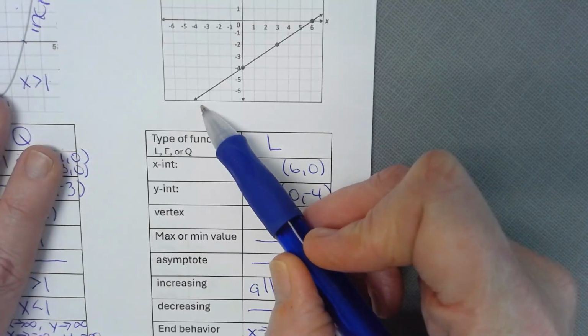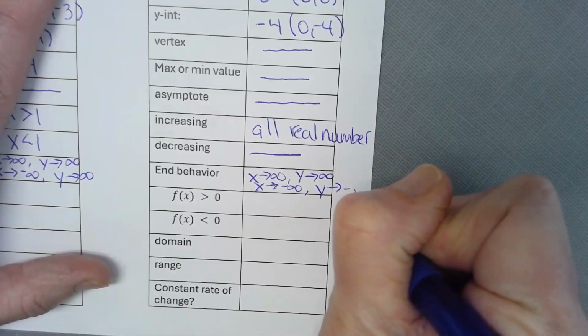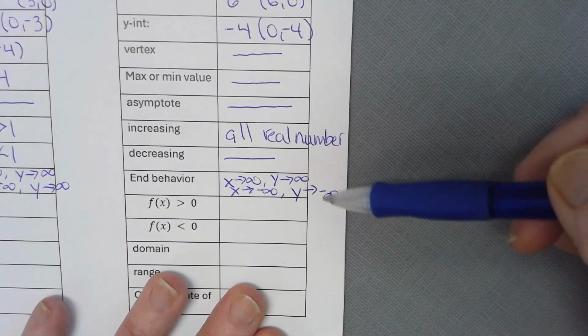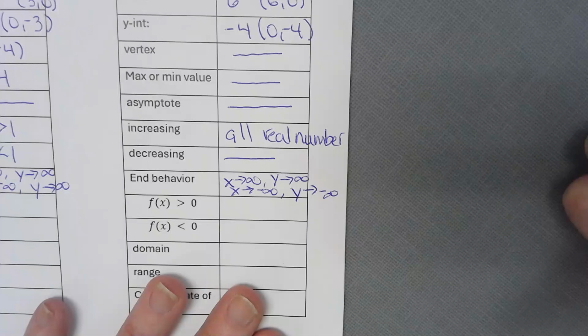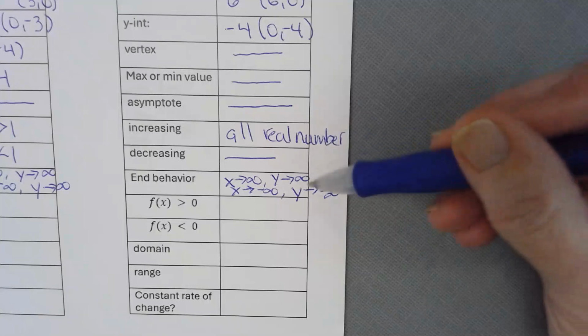Where's y going? To negative infinity. That's correct. Y goes to negative infinity. Notice with your linear, y'all, one's going up and one's going down. Quadratic can't have that because of the shape. They either both have to be going up or both have to be going down. Linear is going to have one of each.